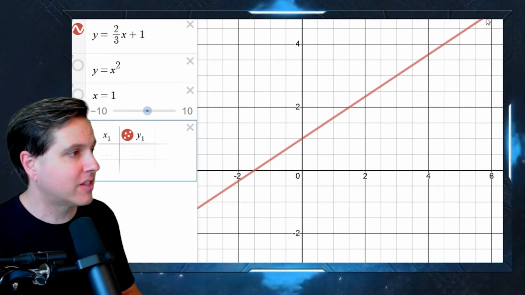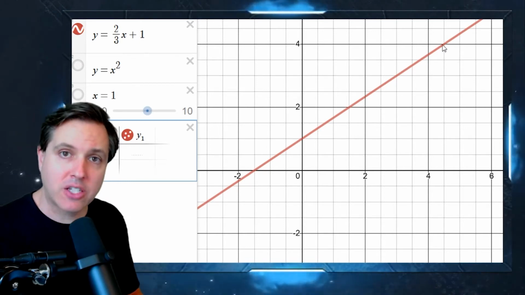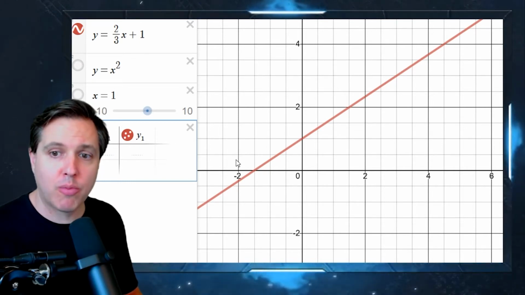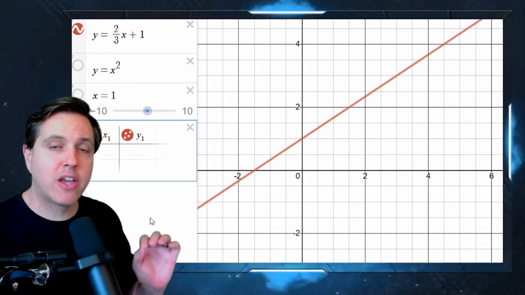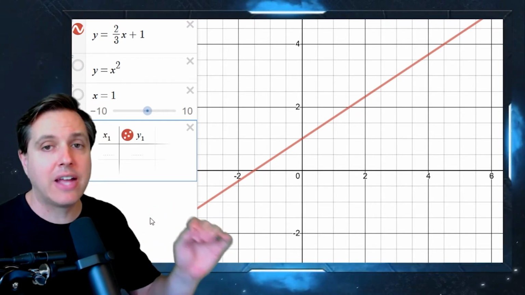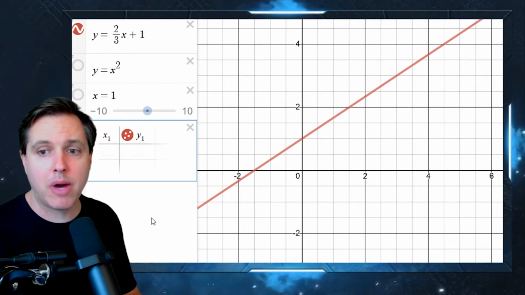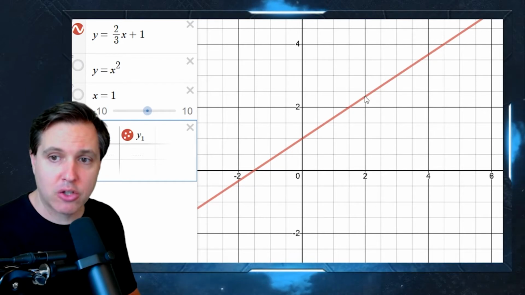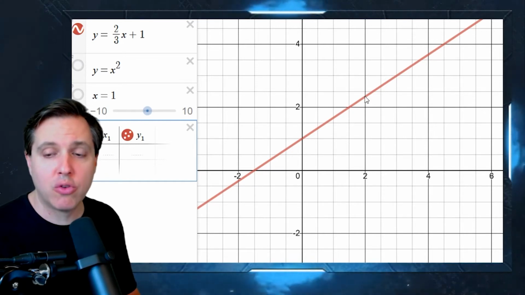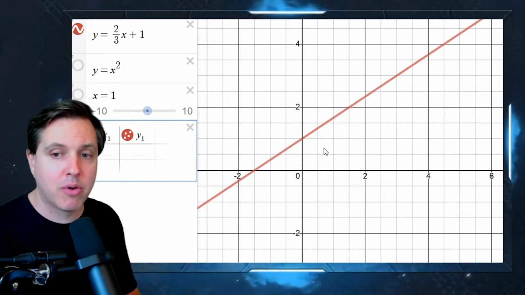So if we look here at this line, we want to know what x values are there that correspond to a point on the line. If you pick any x value you want, how about 2? Okay, so we go to x equals 2, and we go up and say, yep, here's the point with an x value of 2. And we can do that for any number on this x-axis.